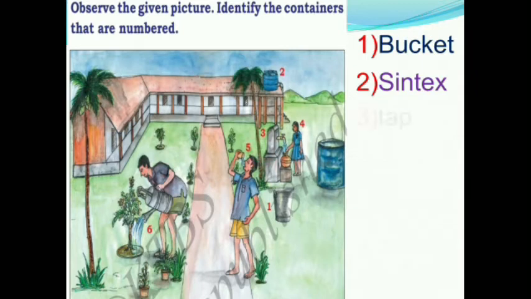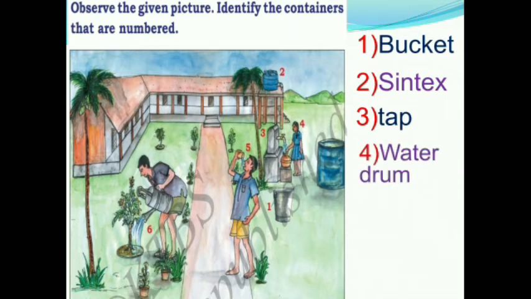Yes, tap. Where is the fourth number? Here. Which picture is this? Yes, water drum. Where is the 5? Here. Which picture is this? Yes, glass. See this picture. What is this?